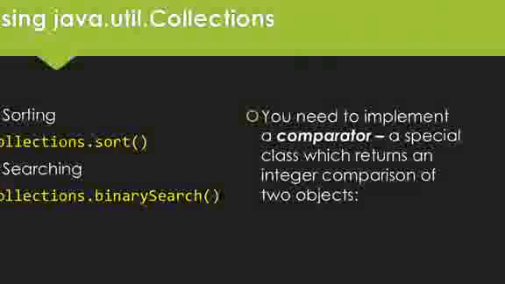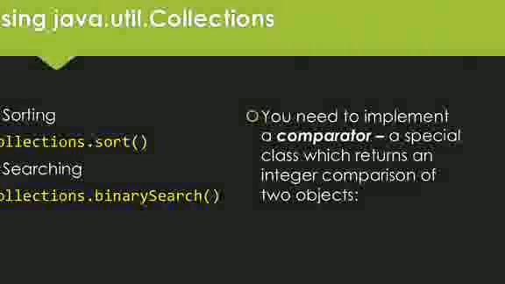You cannot use a binary search on data that hasn't been sorted already. So a common pattern when we go to search for data is we first sort it, then we search for it using the binary search method. You can certainly write your own search method if you don't want to use a binary search method that works on unsorted data, and I will show you that in the example.